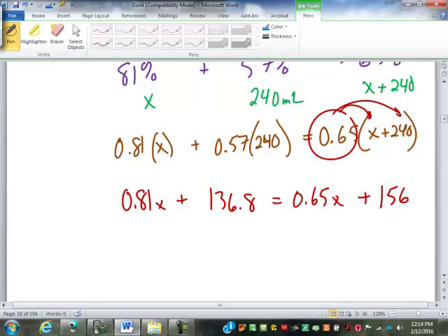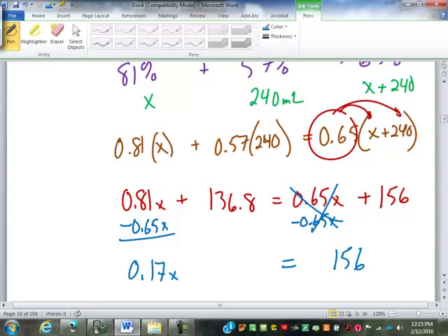So now again we have variables on each side. I have to get rid of one. The smaller one is the 0.65, so I'm going to subtract 0.65x and make it go away, leaving me with just 156 over here. I have to subtract 0.65x from this side as well, which is going to give me 0.17x.